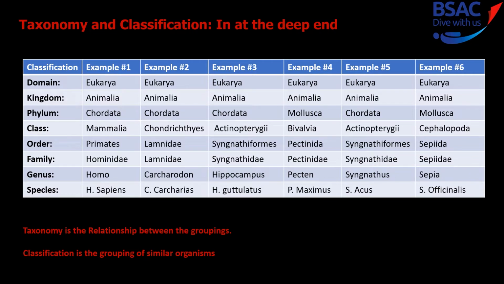So the difference between taxonomy and classification is effectively that taxonomy is the column and classification is the row. In other words, the fundamental difference is that taxonomy describes the differences between organisms, while classification describes the similarities between organisms.